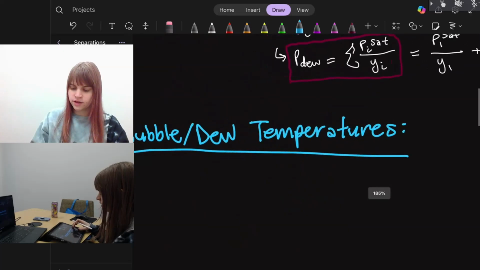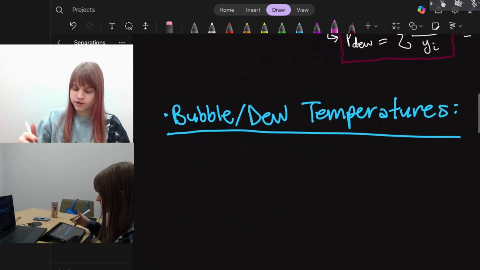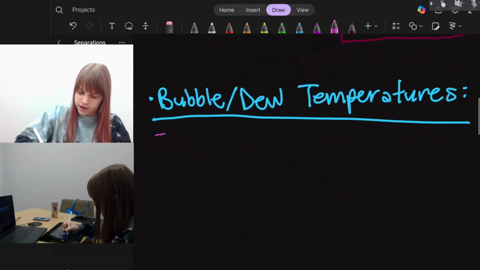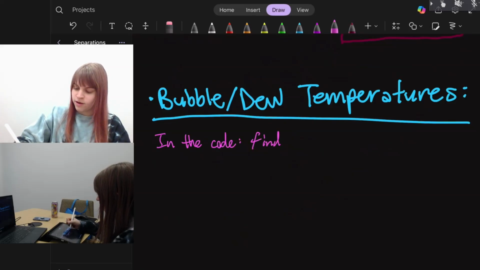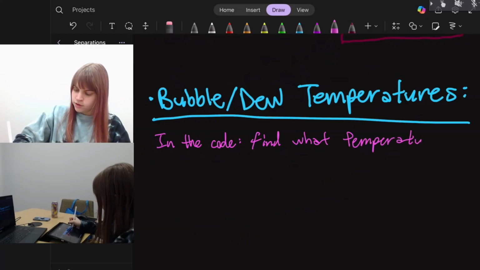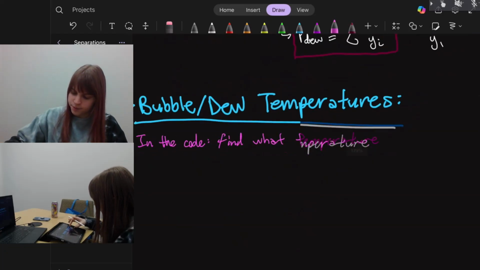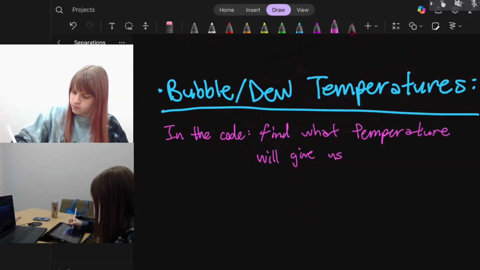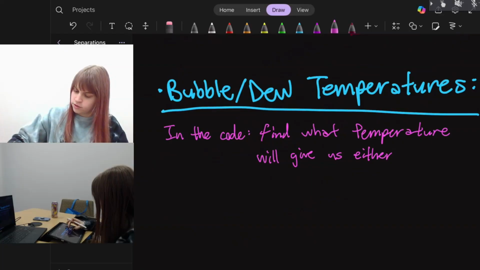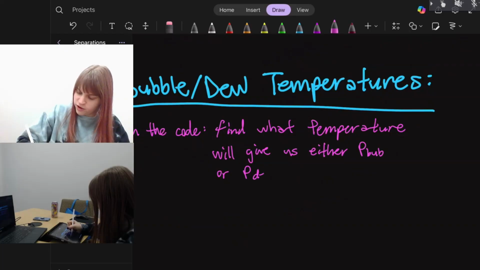So instead, and this is part of a reason for doing some code, in the code we are going to find what temperature will give us either the bubble pressure or the dew pressure.